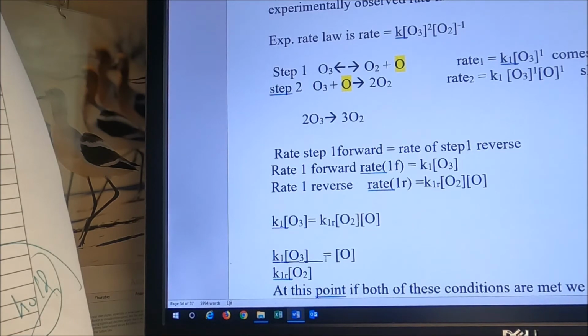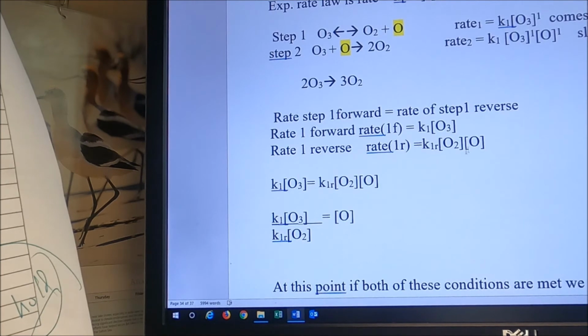Now, what does that allow us to do? Well, now I have a way to replace the concentration of oxygen atoms in rate 2 with things that appear in the overall reaction.